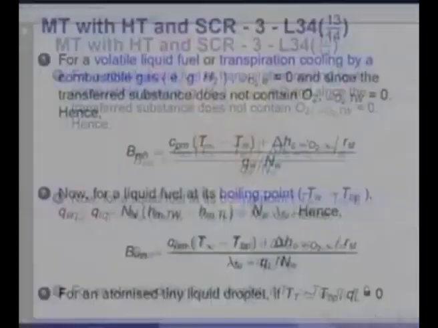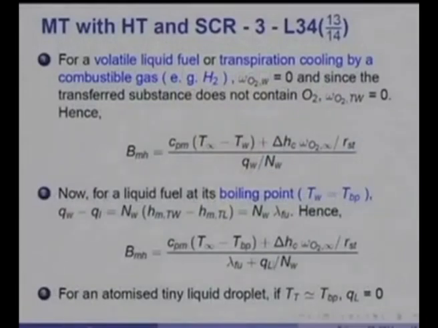It is like saying that we have injected inside the diesel engine the liquid droplet already at its boiling point, in which case there can be no conduction heat transfer in the transferred substance phase, and therefore, with QL equal to 0 and TT equal to TBP, you will get Cp (T infinity minus Tbp) del Hc omega O2 infinity by Rst plus lambda Fu divided by lambda Fu, and that quantity would be 0.